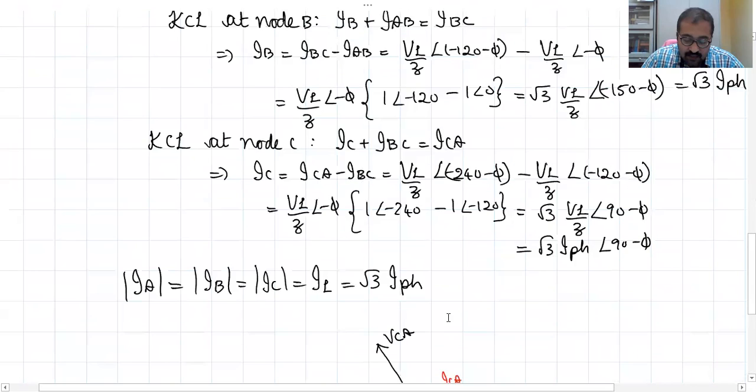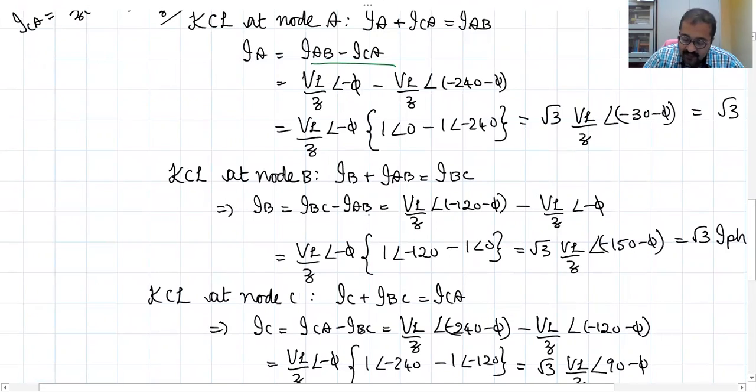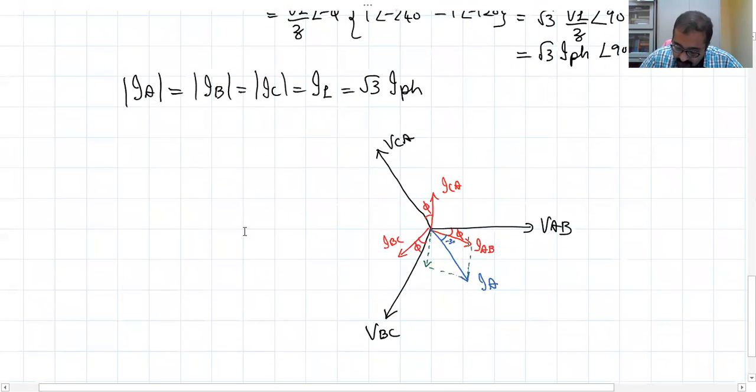Okay, similarly, what is IB? IB is nothing but IBC minus IAB. Where is IBC? IBC is here and IAB is opposite to that. Okay, so this is minus IAB and phasor sum. Okay, so this will be line current IB. Okay, so line current IB is also lagging the phase current IBC by an angle of 30 degrees.